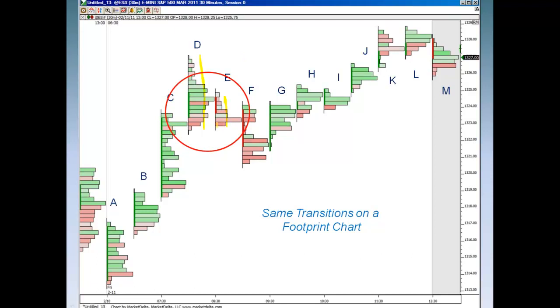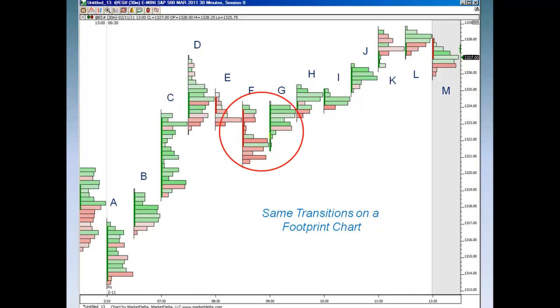And you can also see the dominant red bar at the bottom here on this footprint profile, showing that most of the volume was negative to the downside, or in the lower range of the period. And sure enough, it was followed by another period where prices continued to drop. But take a look at what happens here, and visually now you begin to see. I'm going to go on to the next chart so we can focus on this next transition.